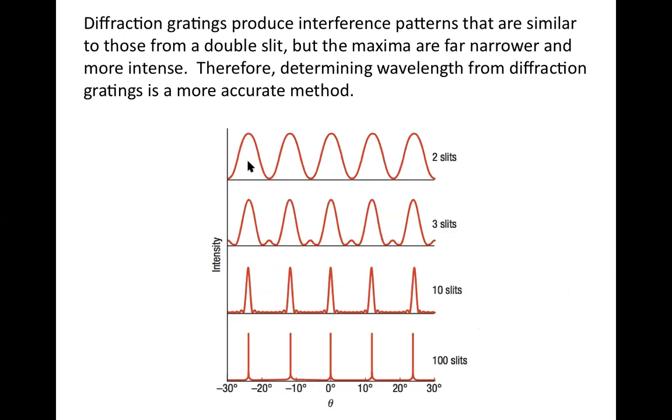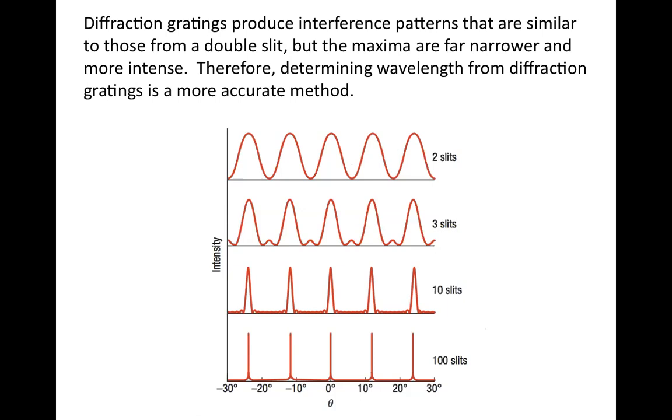So this is what intensity over the width of the screen would look like if it was just a double slit. And now if we increase to 3 slits, this is what we would get: 10 slits, 100 slits. So the maxima are not as narrow as they could be, and as intense as they could be.